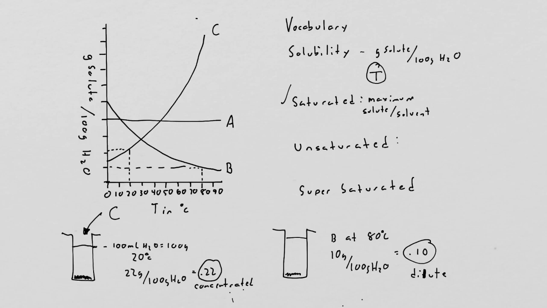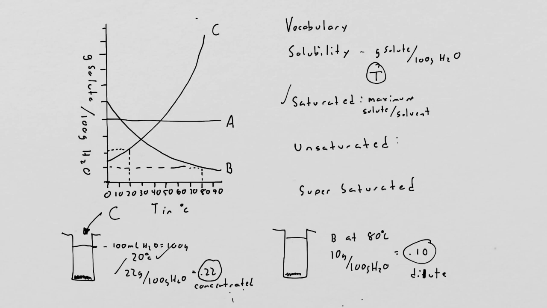Now, what does it mean to be unsaturated? Well, let's go back to our first example. At 20 degrees Celsius, we're able to dissolve 22 grams of substance C in 100 grams of water. Well, what if we only dissolve 20 grams? This is analogous to making a cup of tea and putting in just half a teaspoon of sugar. If you do that, all of it's going to dissolve. Now, you know you could dissolve more sugar.